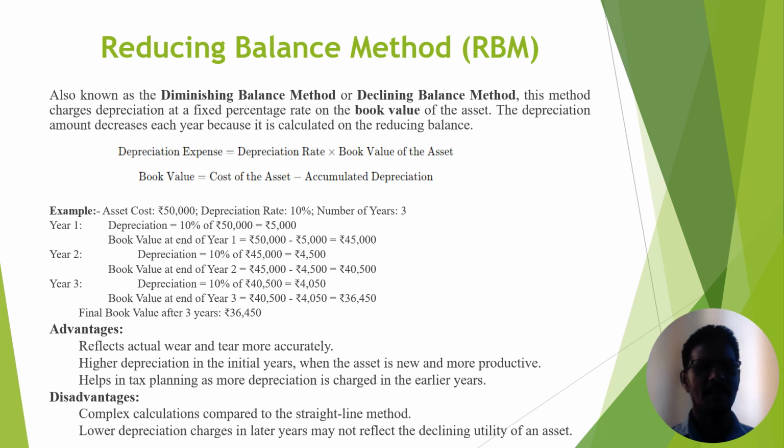Now the disadvantages. This method is complex. The calculation is very complex as compared to the straight line method. Under the straight line method we charge a fixed depreciation amount every year, but under this method we apply the reducing balance, so every year the depreciation amount is different, declining. The second disadvantage is that lower depreciation charge in later years may not reflect the declining utility of an asset.